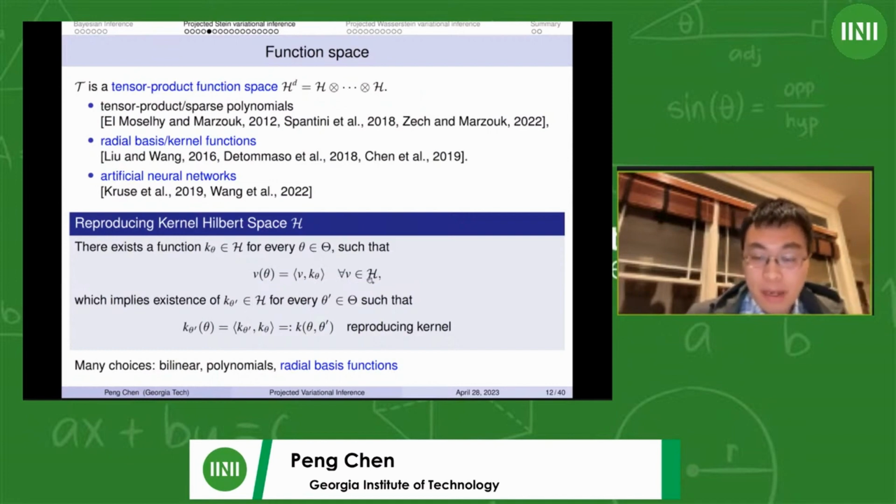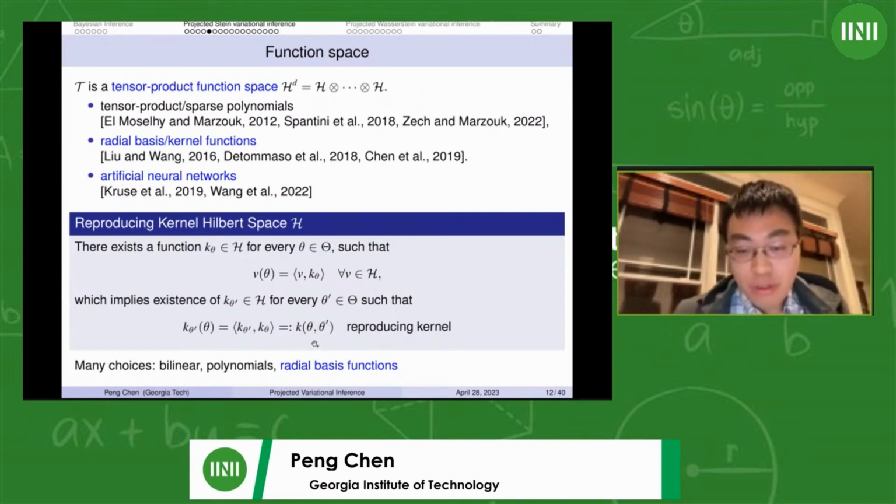Now, this is a Hilbert space equipped with this inner product. And it implies the existence of K theta prime for every theta prime. So you have the evaluation of the kernel at theta, and then this inner product gives you the reproducing kernel, K of theta prime.